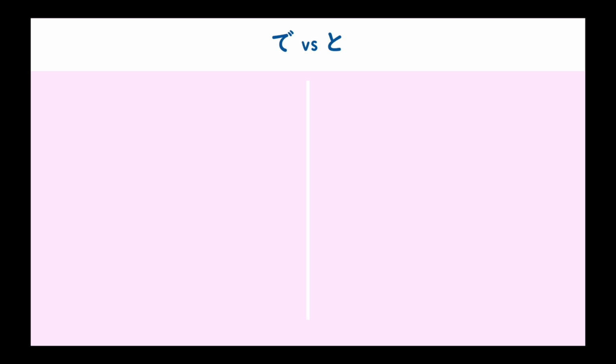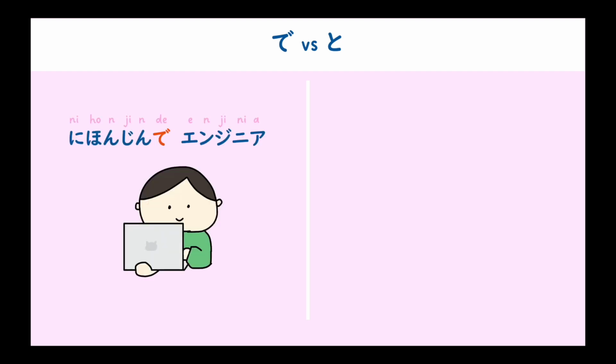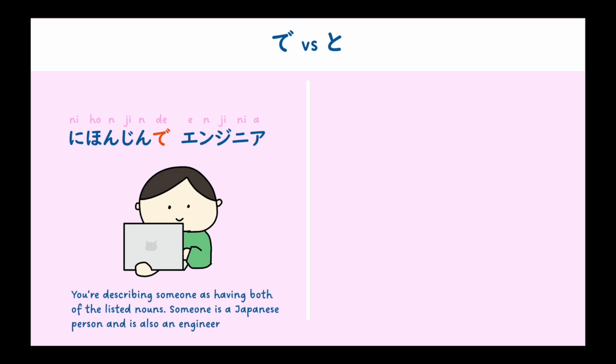In case you're wondering about the difference between the de particle and the to particle when connecting nouns, here's a quick explanation. When you connect nouns using the de particle, you're describing someone as having both of the listed nouns. For example, 日本人でエンジニア means the person is both Japanese and an engineer.